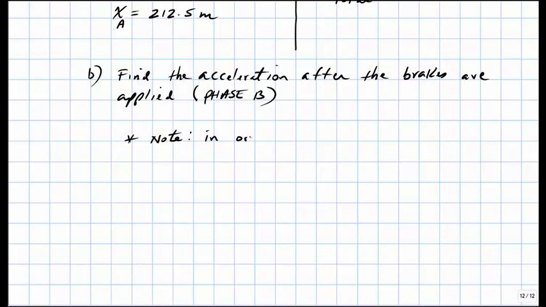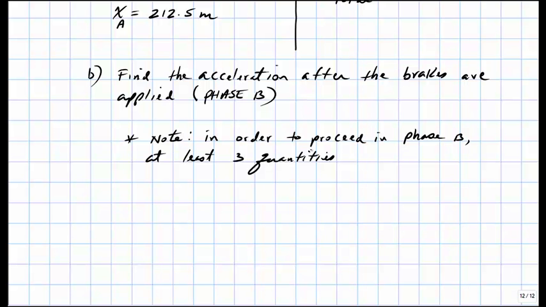So again, in order to proceed in phase B, at least 3 quantities must be known.